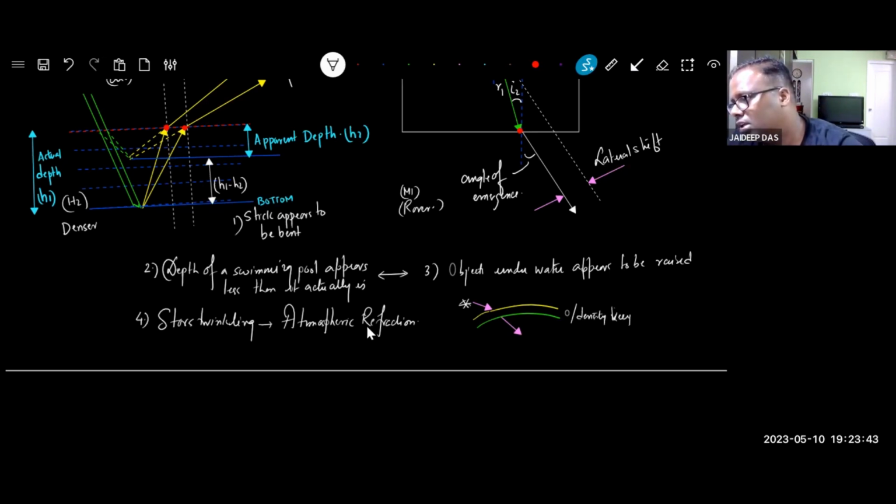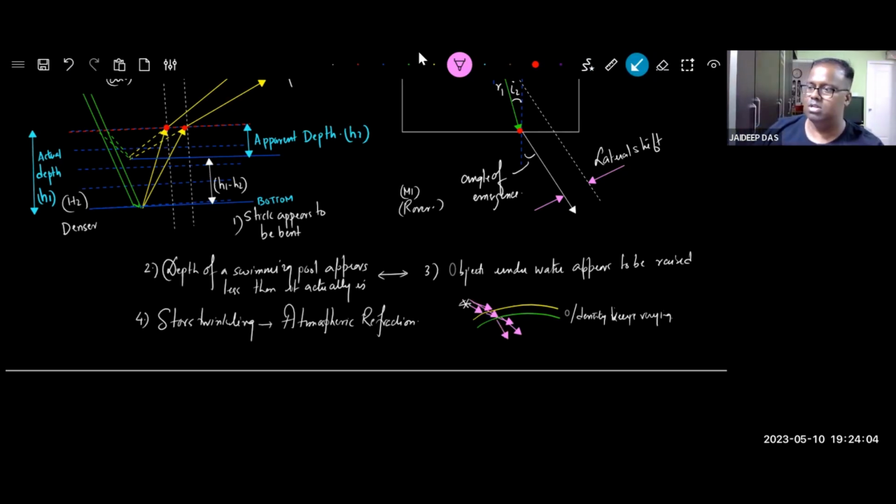And if it keeps varying, the moment one ray of light comes like this, the next moment the second ray of light may come in this manner, a little shifted. The third ray of light may come like this because the medium is changing. Between you and the stars, the medium's optical density is continuously changing. That is known as atmospheric refraction. As a result, the stars appear to twinkle.